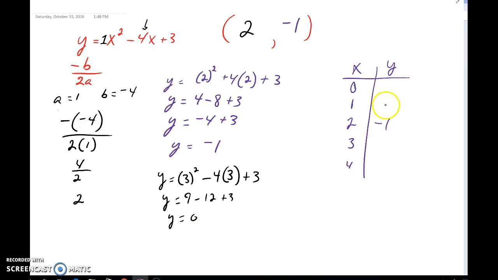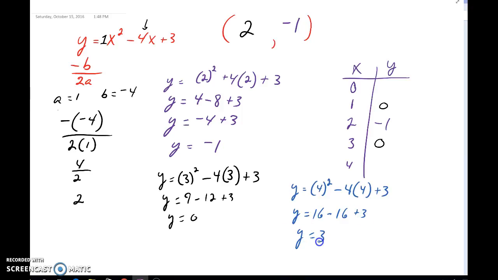So when x is 3, y is 0. 3 and 1 will have the same value since they are the same distance away from our vertex. So 1 will also be 0. And then I'll plug in 4: y is equal to 4 squared minus 4 times 4 plus 3. So y is equal to 16 minus 16 plus 3.